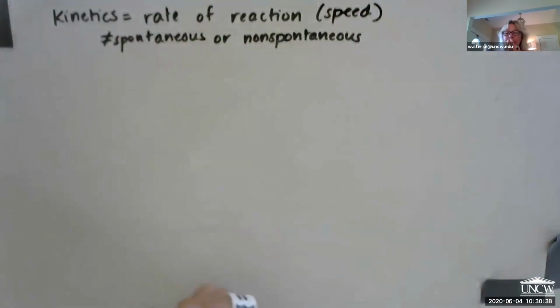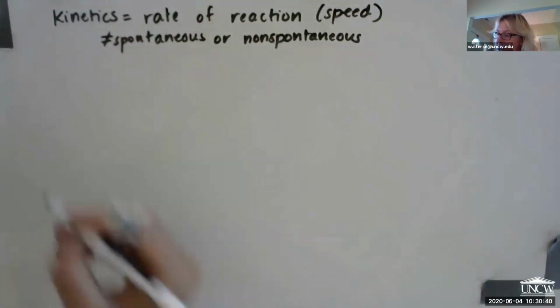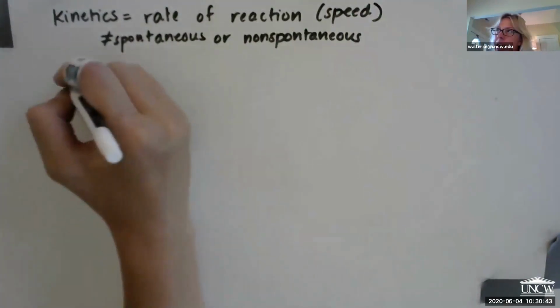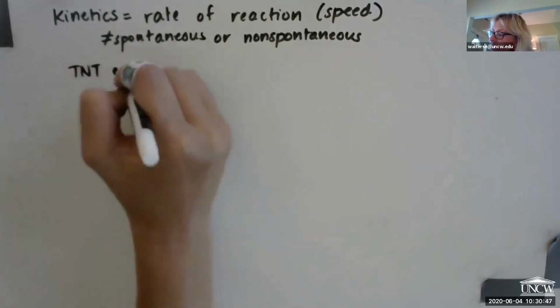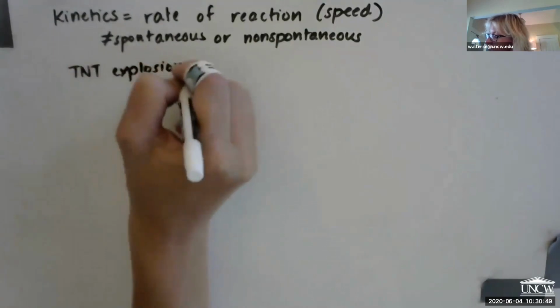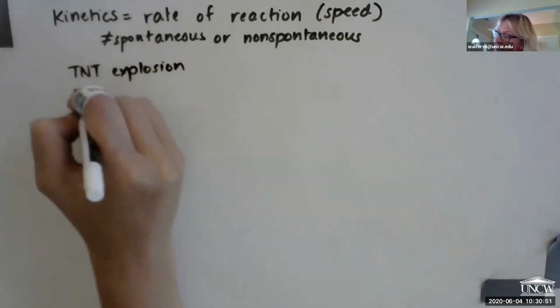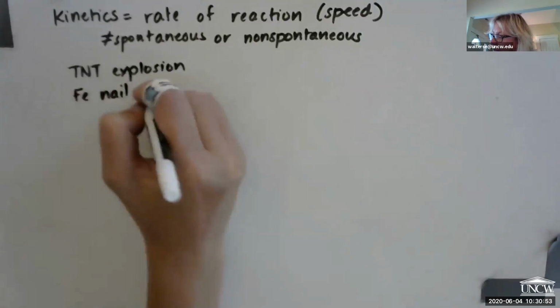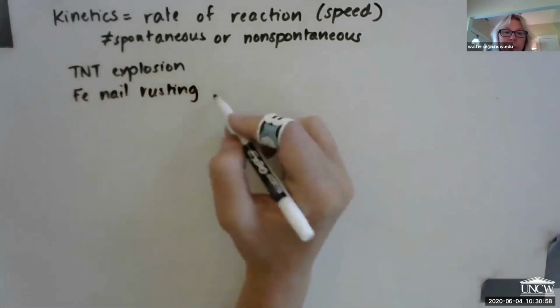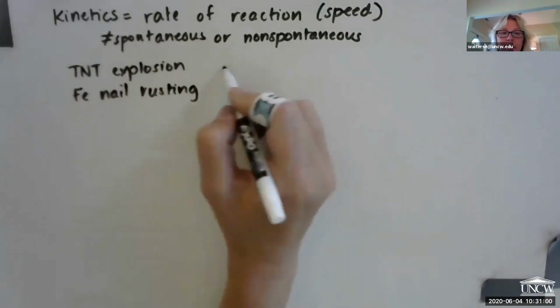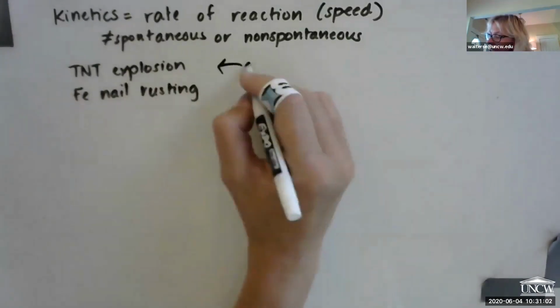And the way to think about this is to think about different reactions. You can have a TNT explosion, or you can have an iron nail rusting. Both of these are spontaneous. This takes on the order of seconds.